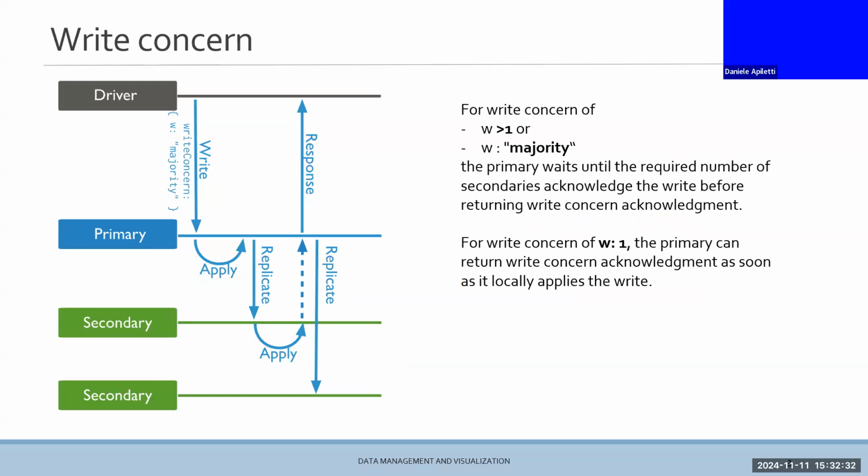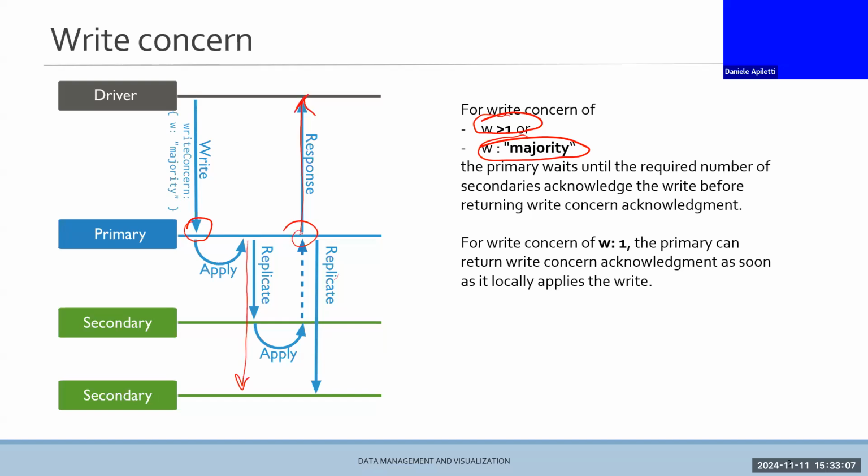That's an example of the different write concerns. Write at least once, write with the majority. You always write to the primary. It applies locally and then waits for the others to apply. If the write concern is only at least one, it sends the replication in parallel to all of the nodes. It's not actually later like this. You send it to all of them, and then the first which replies generates the response back.